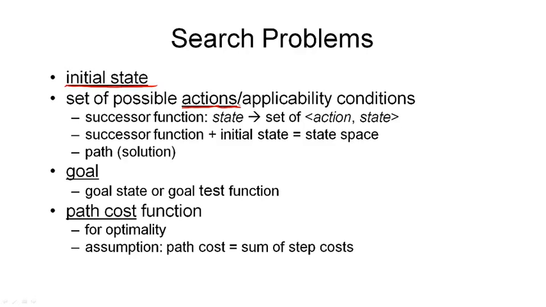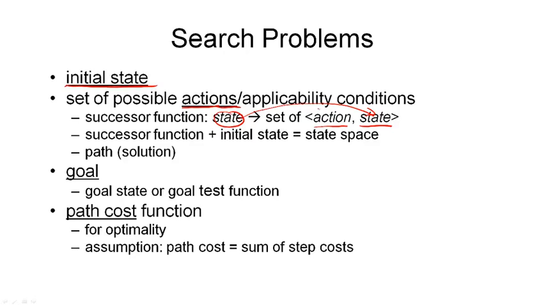So for each state of the world, the successor function maps it to all those actions that are applicable, together with the states that result from the action being applied in the original state and leading us to this new state. Together, the successor function and the initial state span a state space, which corresponds roughly to the state transition graph we have seen earlier. The state space is a directed graph with states as nodes and actions as labels on arcs.